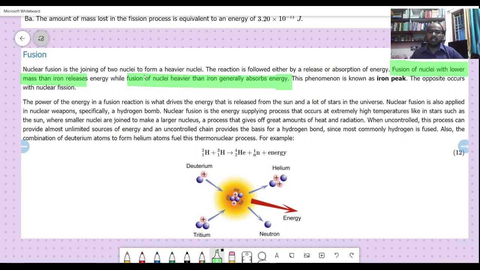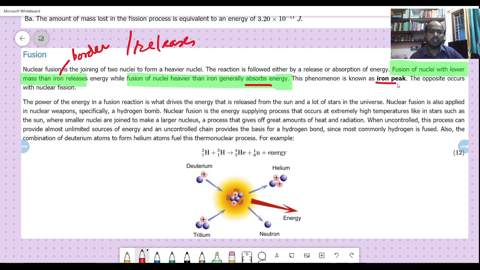Iron is some kind of a threshold. It's a kind of a border. If something has higher mass than the iron nucleus, then it absorbs energy. If not, it releases energy. That is being said, so you don't bother much about that.